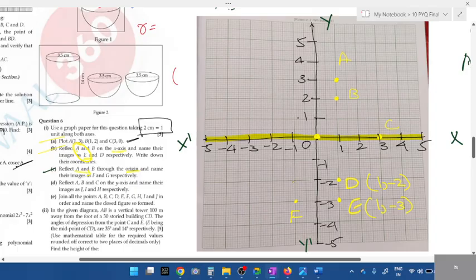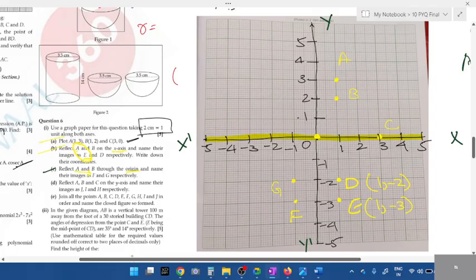Minus 1 comma minus 2 is G. This is G students, respectively. Be quick, all of you all got these points?